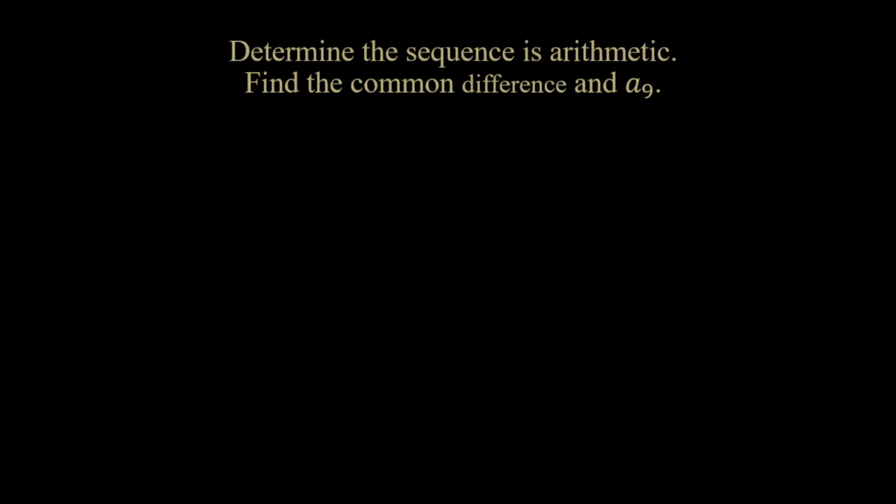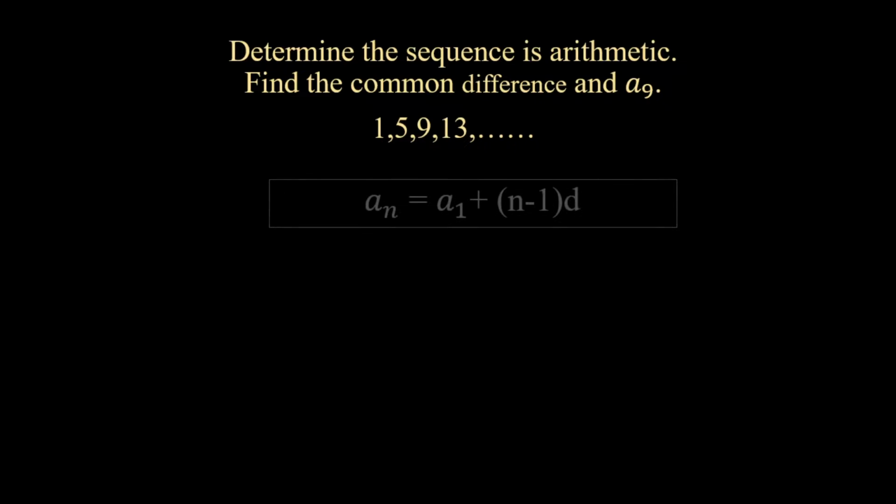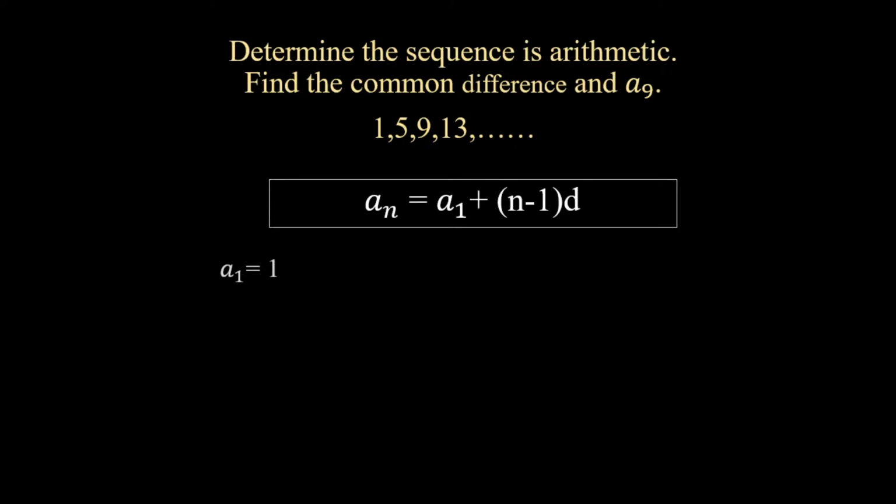Determine if the sequence is arithmetic, find the common difference, and a sub 9. So this is the sequence 1, 5, 9, 13. For an arithmetic sequence, we have to use the formula a sub n equals first term plus n minus 1 times d. So we know that the first term is 1, as you can see, and n is the term that you want to find.